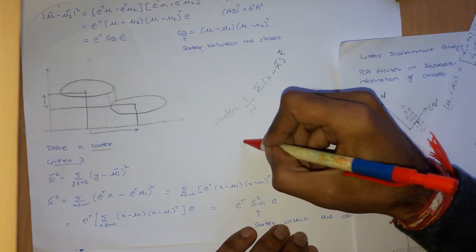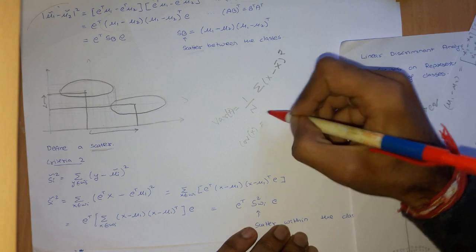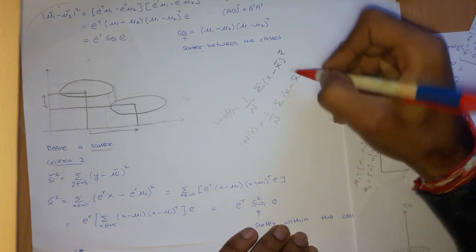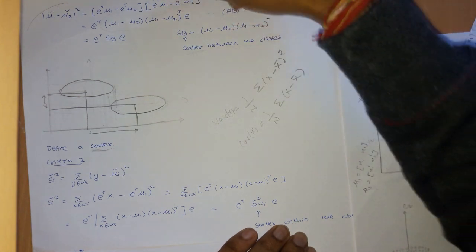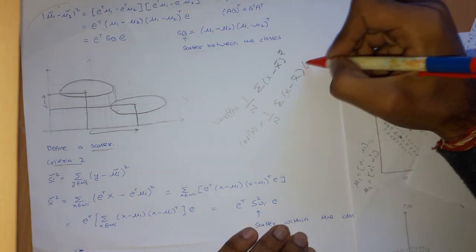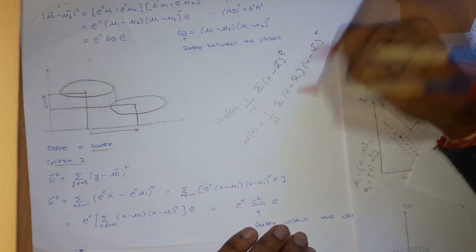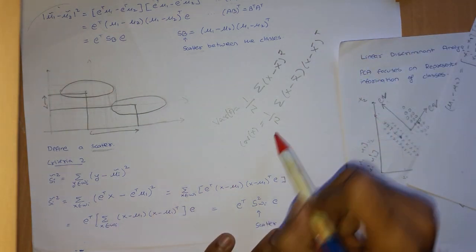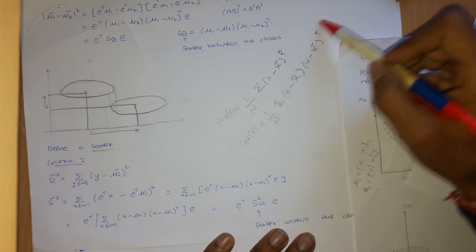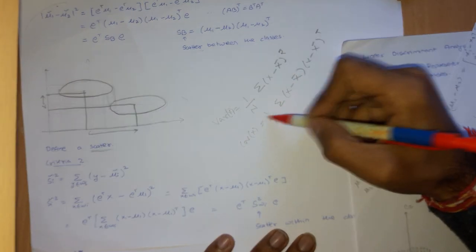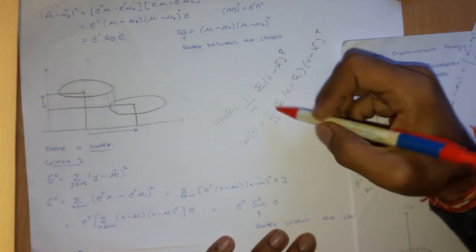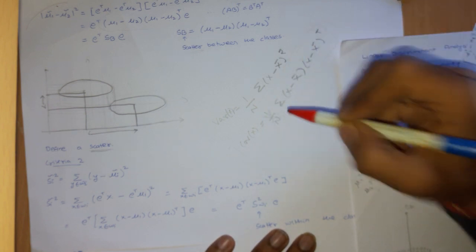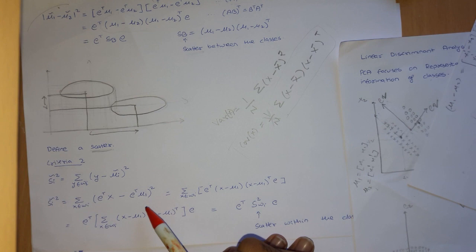And for a matrix it becomes covariance, which is 1 by n summation x minus x bar, and because of this particular rule we get x minus x bar transpose, right? Now this same thing is scatter, just that you don't divide it by 1 by n. That's it. You don't divide by 1 by n. This much quantity is what we define as scatter.